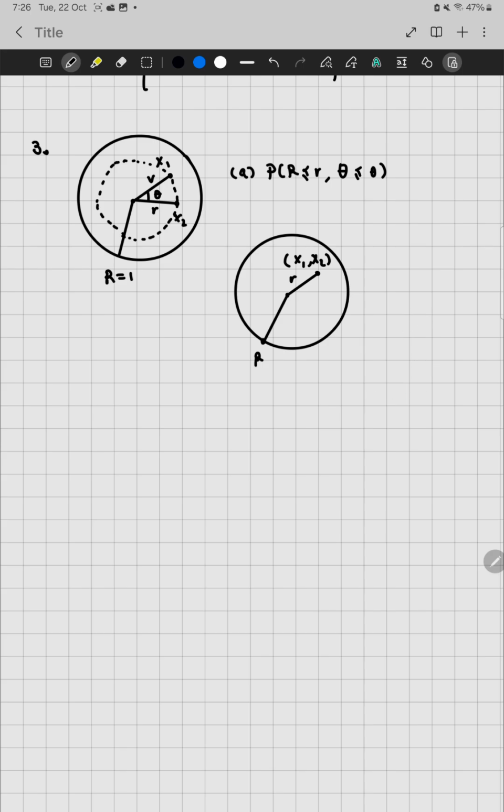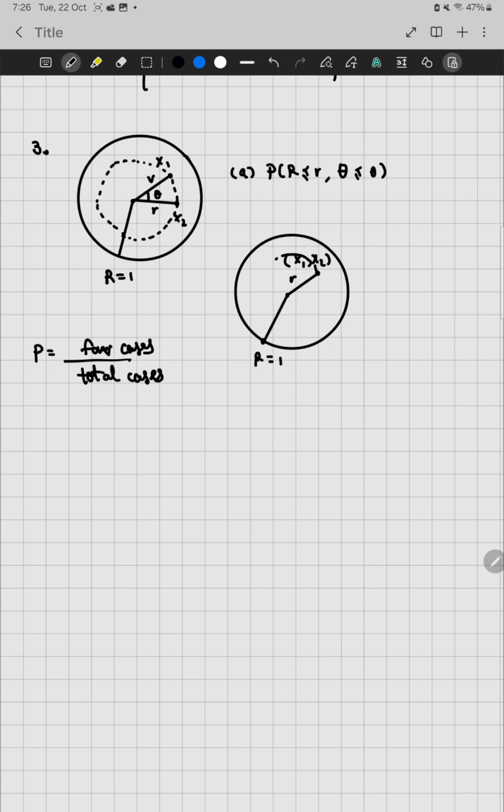So they are asking to find the probability that the dart lies within the dartboard, which is a circle of unit radius 1. First of all, the probability formula is favorable cases by total cases.